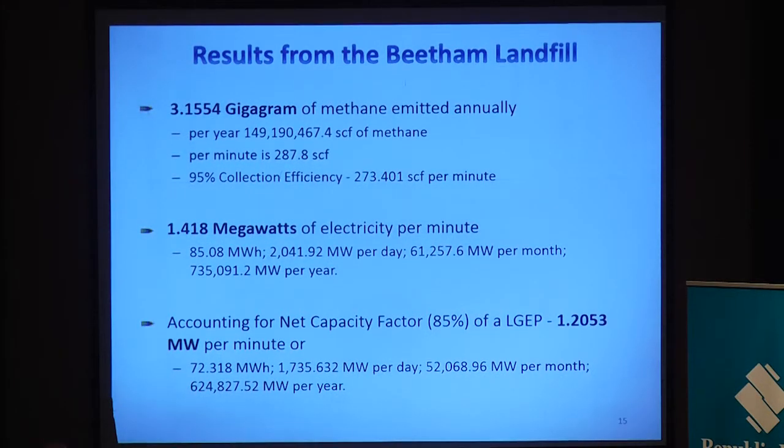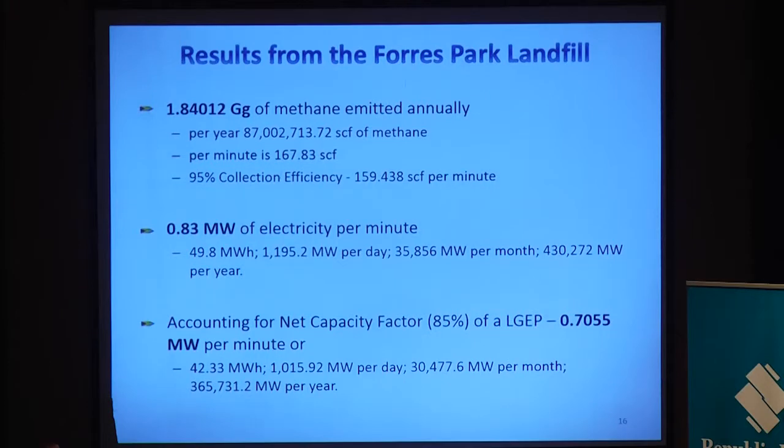Accounting for parasitic loss, this would give 1.2 megawatts that can be utilized for distribution in the national electricity grid. In terms of the Forest Park landfill, 1.84 gigagrams of methane is emitted. And this boils down to 2.83 megawatts per minute of electricity that can be generated. Accounting for parasitic loss, this gives 0.7055 megawatts per minute.